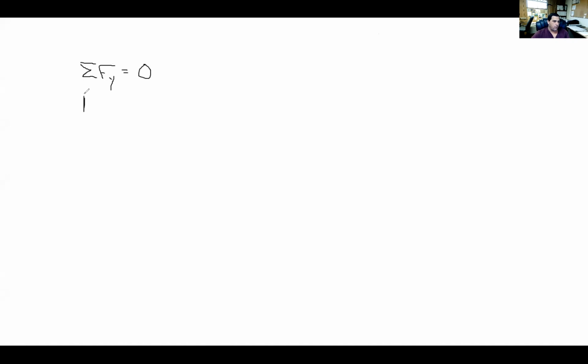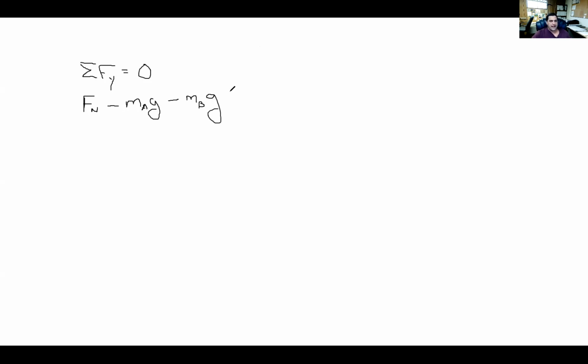So what do we have? We have the normal force where the seesaw meets the fulcrum. So that's going to be positive. And then we have the mass of child A times gravity, because that goes downward. And we have the mass of child B times gravity, and that's also downward.